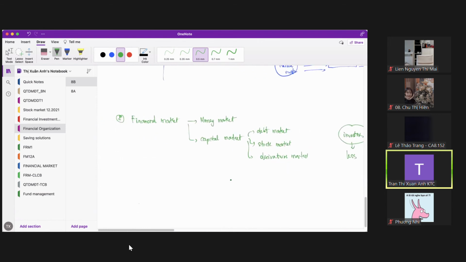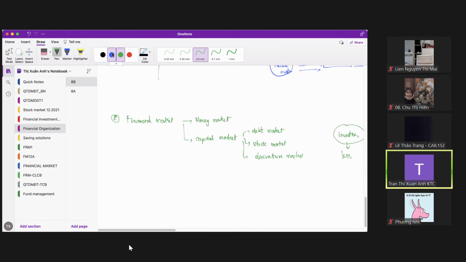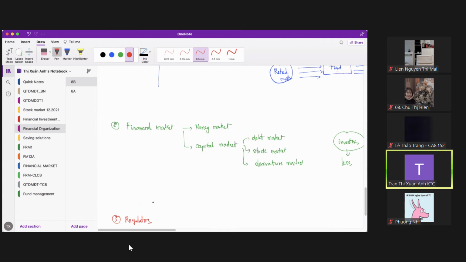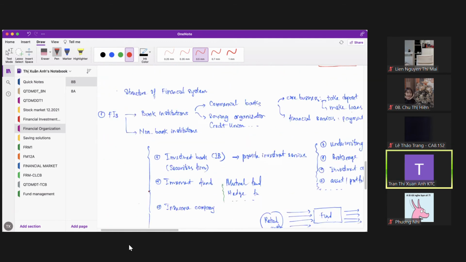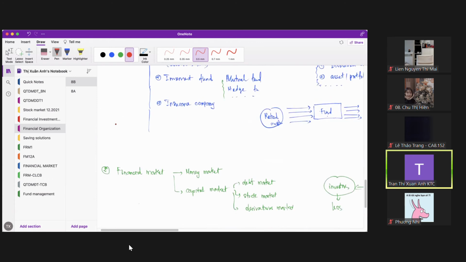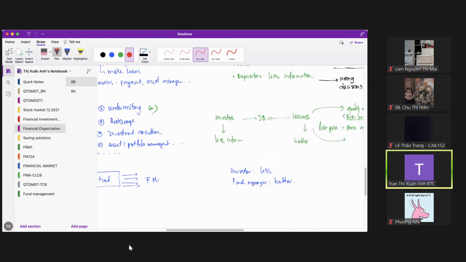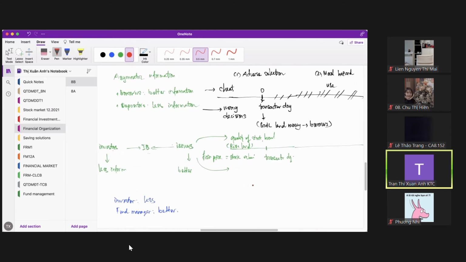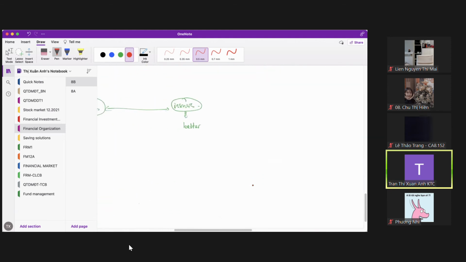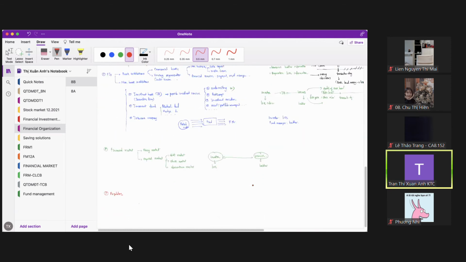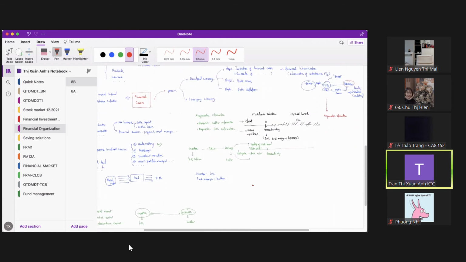And so, the last one, we have regulators here. Regulators control the problems that happen in financial institutions, or they control the problems that happen in financial markets. So the first one is how regulators control adverse selection.